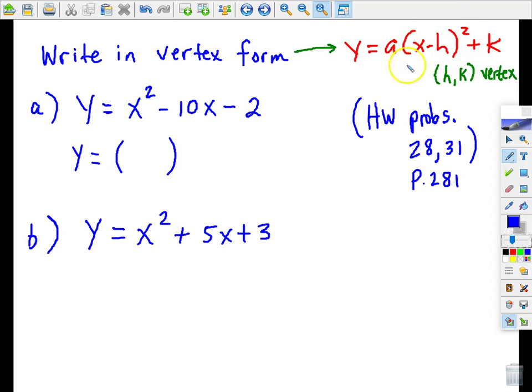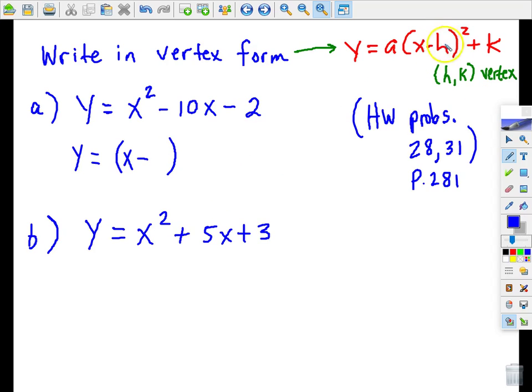Here's how we come up with the x and the sign inside the parentheses. The x is really just the square root of x squared from standard form. Whatever sign is in front of the linear term in standard form will come down and be the sign inside your parentheses.